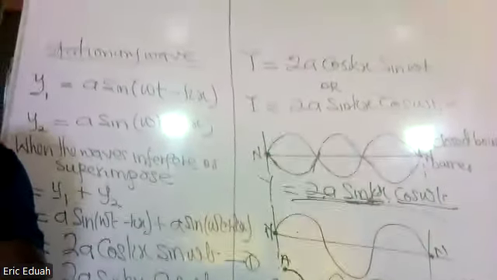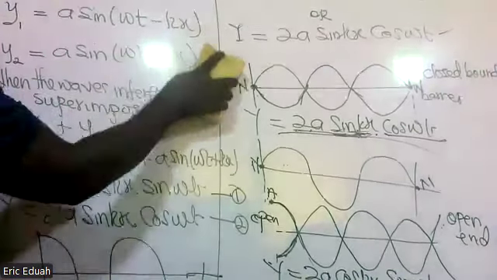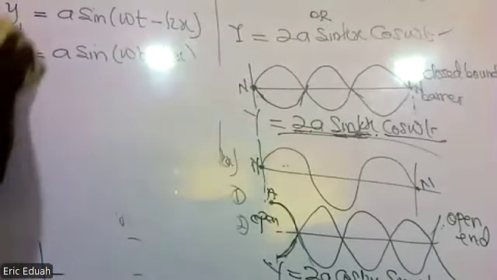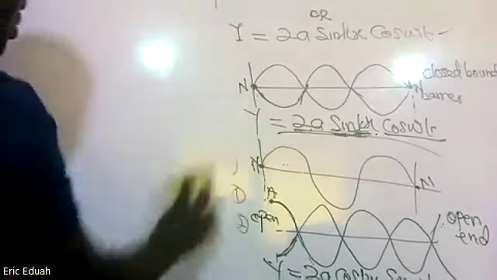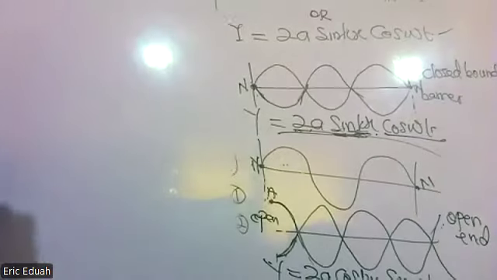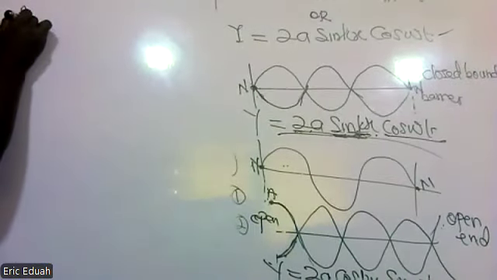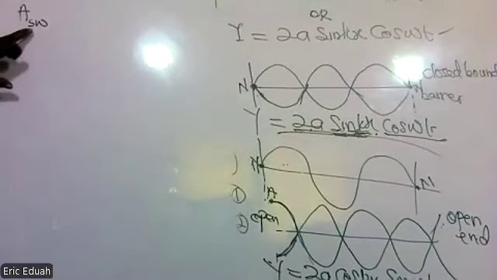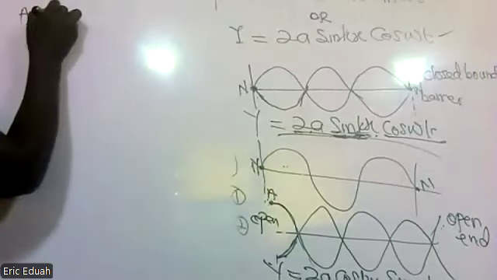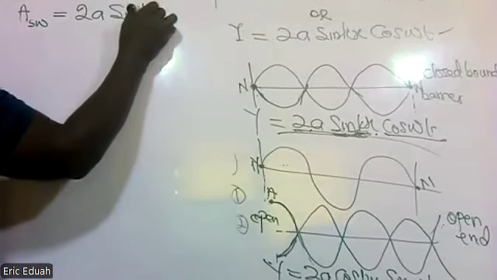Then we also discuss points where nodes and antinodes will be formed. A quick revision so we can apply this in solving questions. If we look at this function, the amplitude of the stationary wave, A subscript SW, is equal to 2A sine kx.